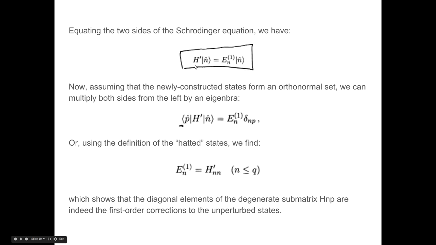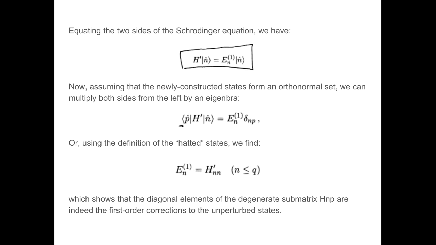So this is the first order, the perturbative Hamiltonian, and we get a first order energy correction. It's important to remember, because this is a point that a lot of people get confused on: these new states that we're defining with the hat are not perturbed states.